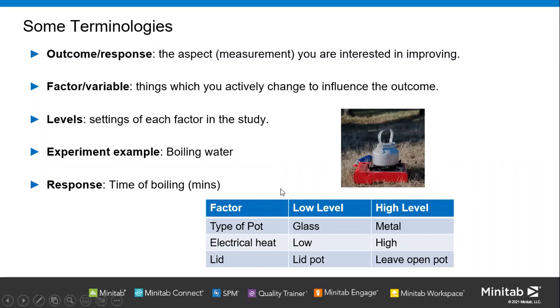So that's why maybe I need to do the experiment: the type of pot I need to use, and then I need to look at the electrical heat. Maybe I just need to use the high level, and then I need to have a lid on the pot. So that one we will try and error.